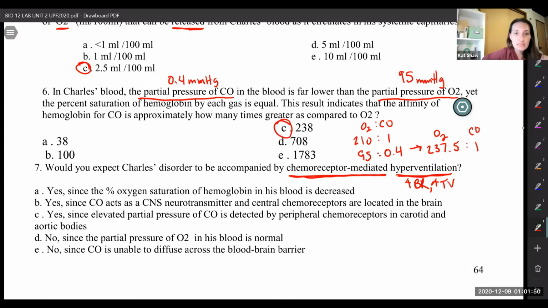So in the case of Charles having carbon monoxide poisoning here, would you expect him to be hyperventilating? Do you remember anything in the intro in terms of his condition where it said he had dyspnea, shortness of breath, or that he was experiencing hyperventilation? Any type of change in breathing pattern?